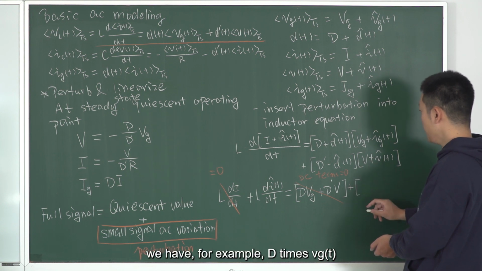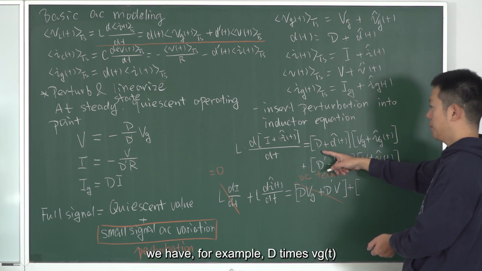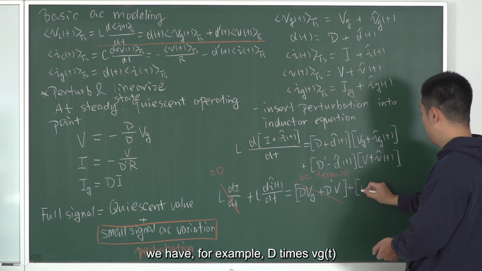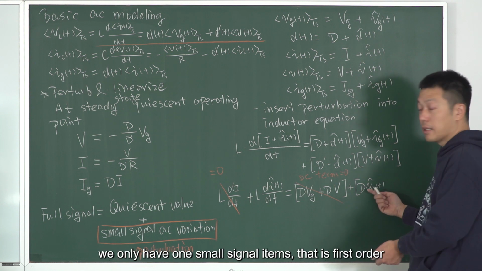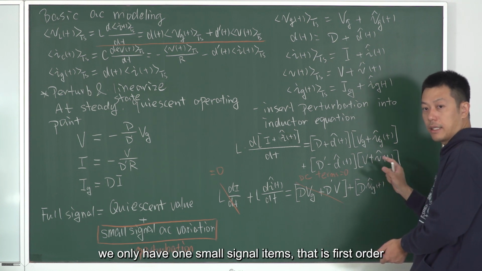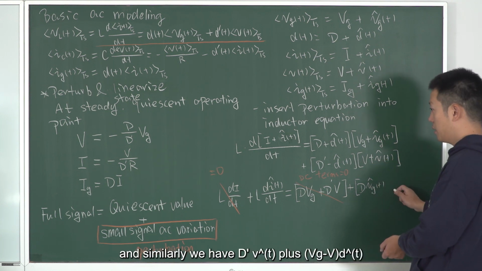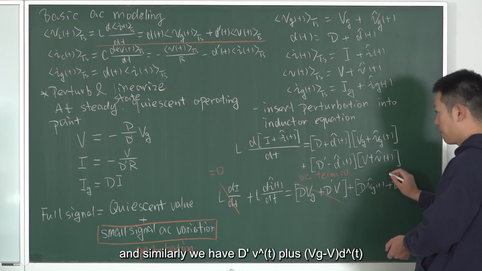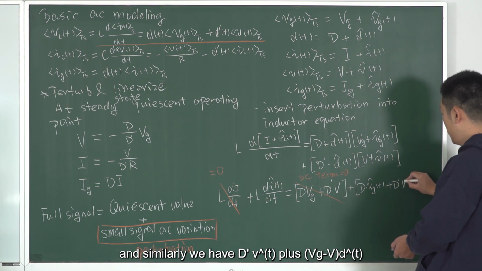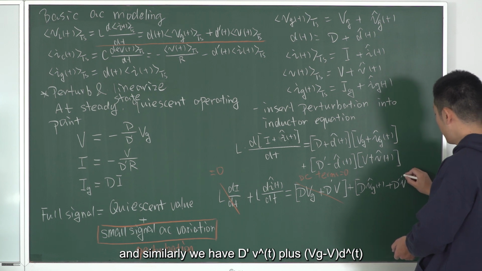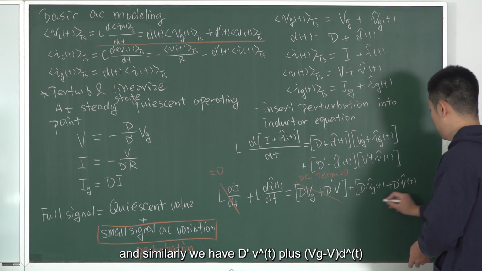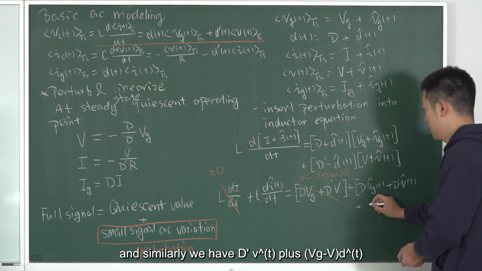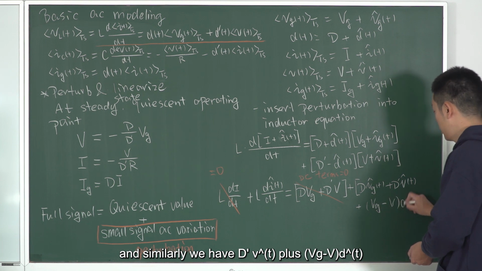So we have, for example, D times Vg cap. We only have one small signal item, that is first order. And similarly, we have D prime V cap plus Vg minus V D cap.